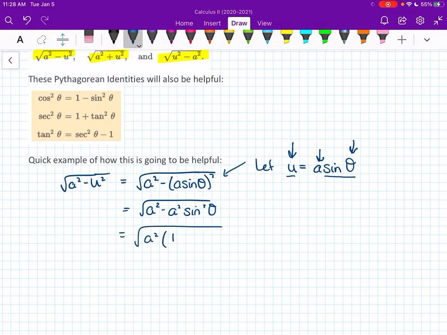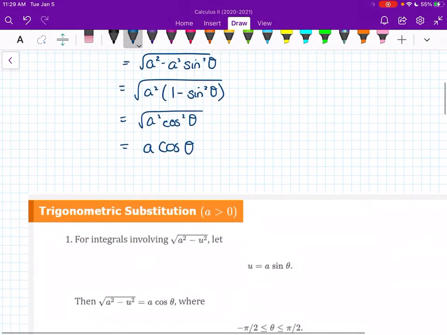Factor out that a squared, so then I get 1 minus sine squared theta, which now I'm going to use that Pythagorean identity on, and I have a squared times cosine squared theta. And so then I get a cosine theta and get rid of the radical altogether. So this is the process we're going to be following in all of our problems.